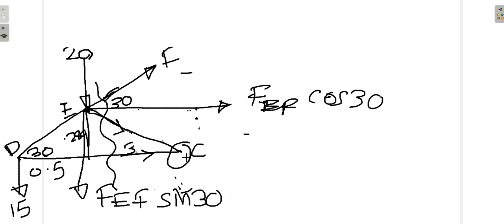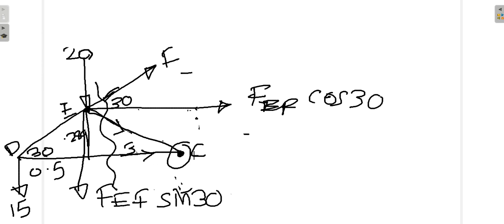Both of them will have moments about C. FEF cos 30 will have a moment arm of 0.288 or 0.289, and this particular point will have a moment arm of 0.5. Distance from here to here is 0.5, distance from here to here is also 0.5. Plus 15 Newton will have a moment arm of 1.